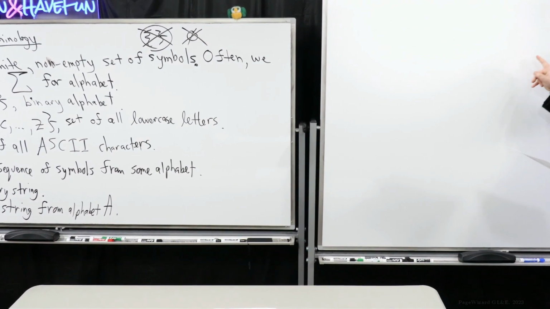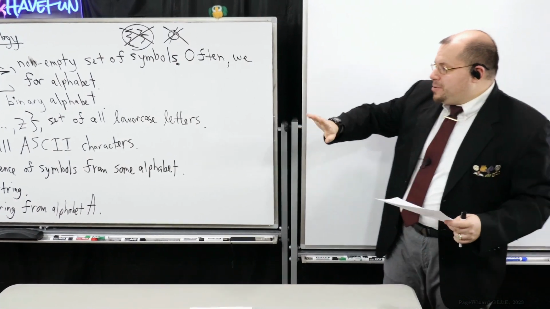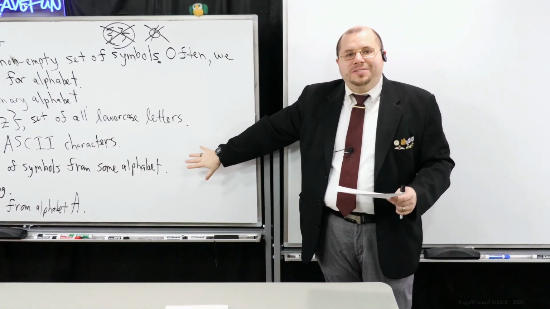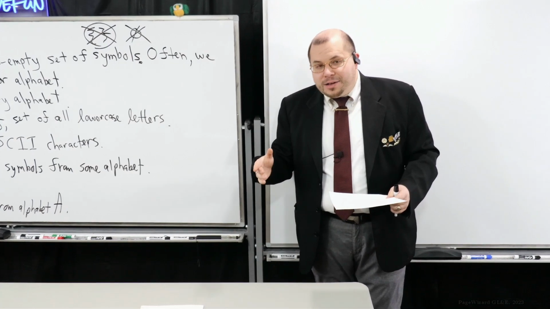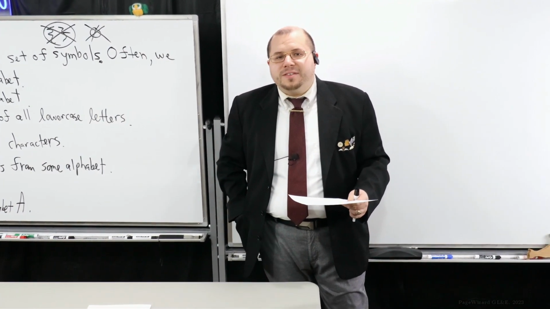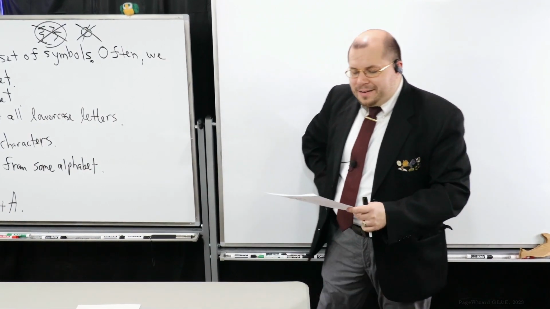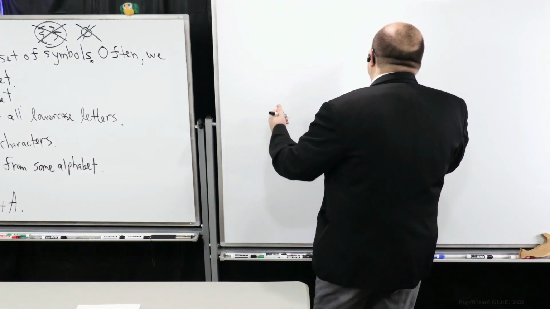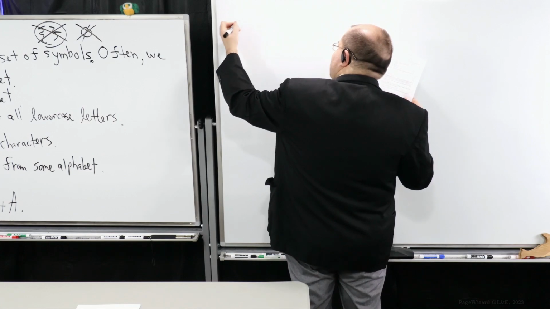So, now that I've defined what a string is, remember it's a finite sequence of symbols. So that means that I can go over to a string and I can count the number of symbols it has, right? So that allows me to define something that we're going to refer to as its length.